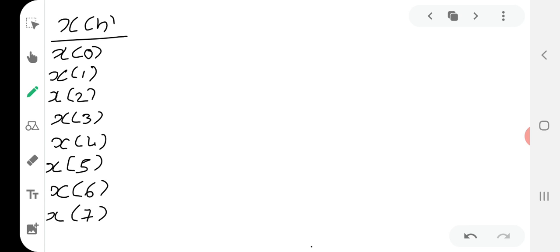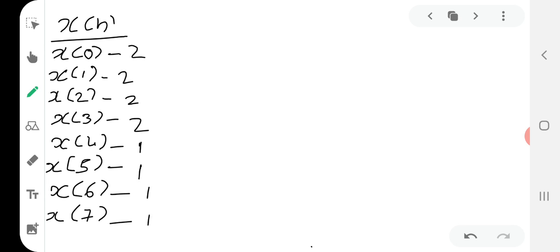These are the signals they have given, and the values in the question are: x of 0 is 2, x of 1 is 2, x of 2 is 2, x of 3 is 2, and x of 4 is 1, x of 5 is 1, x of 6 is 1, and x of 7 is 1.